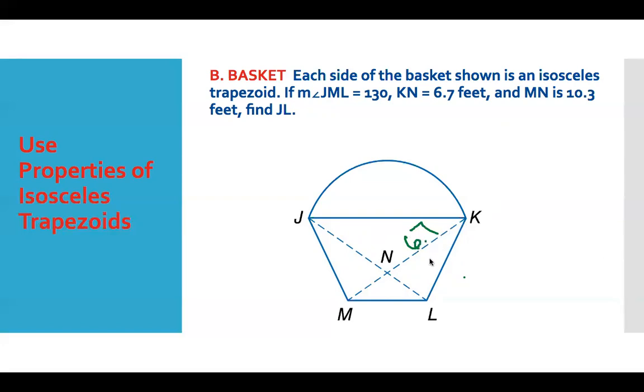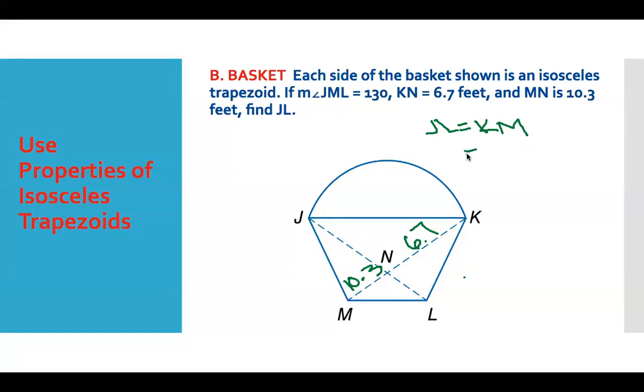And it says that MN is 10.3. Right, and so now we need to know JL. Well, how long is JL? So JL is the same as KM, right?